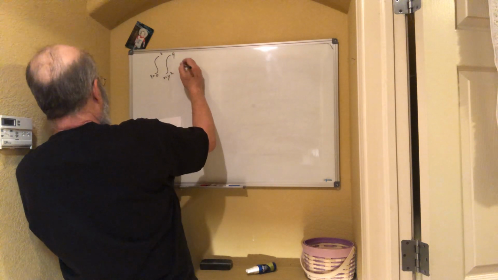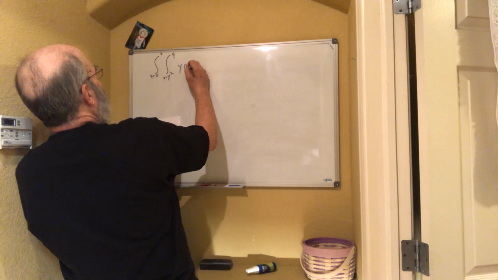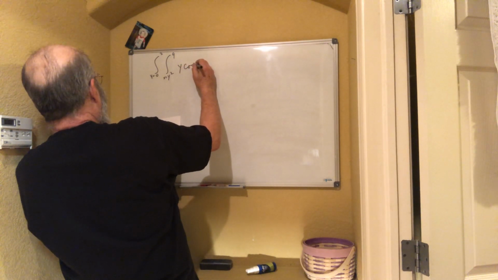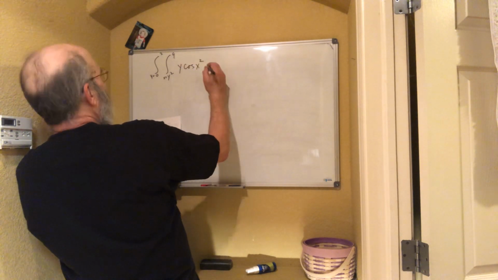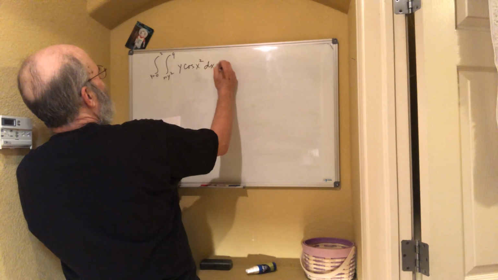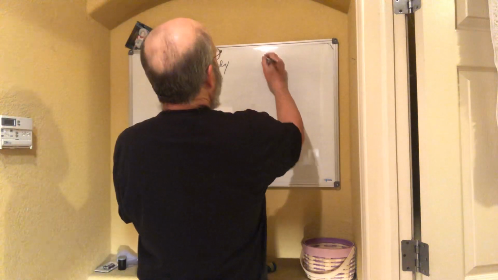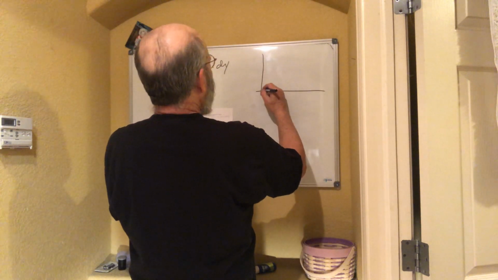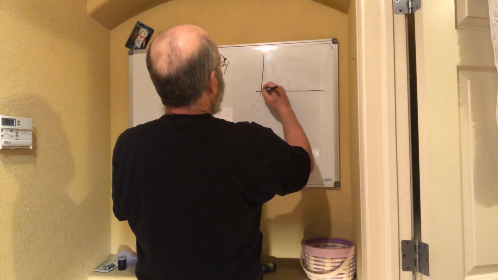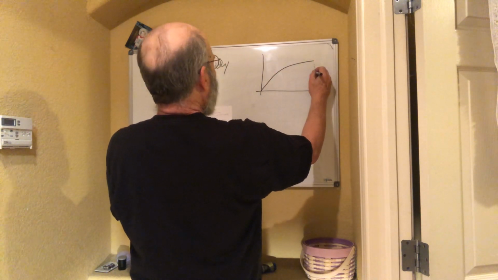I'll draw the picture here in a minute, you can see it. And then the function is y, this is one of the examples in the book, I don't remember which one, but it's from there. If you look at the geometry of this, it's just a sideways parabola, like that.